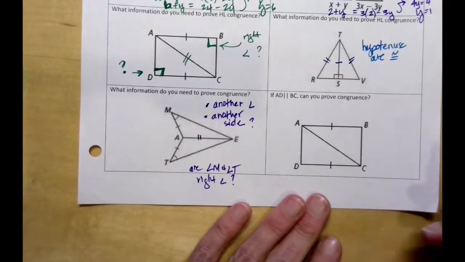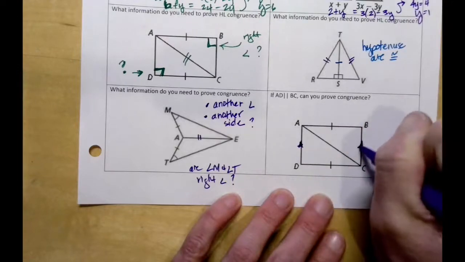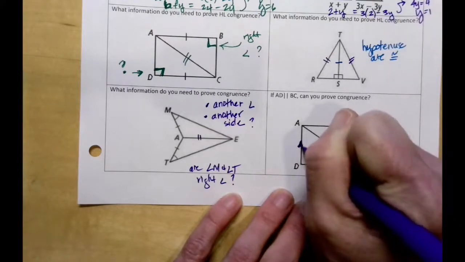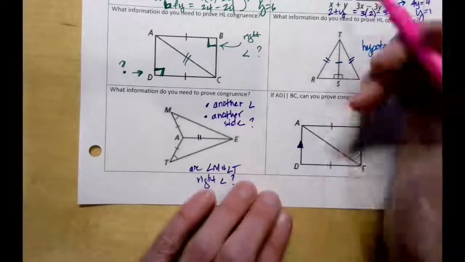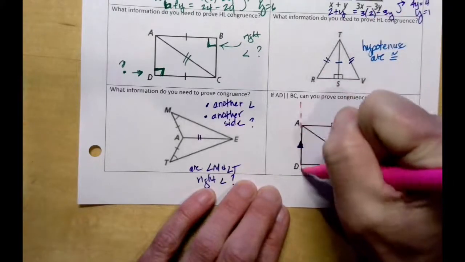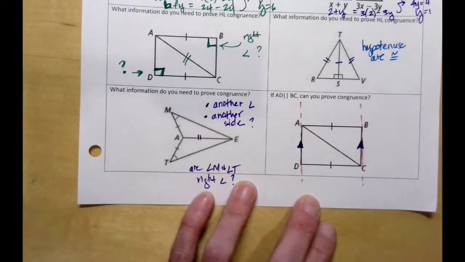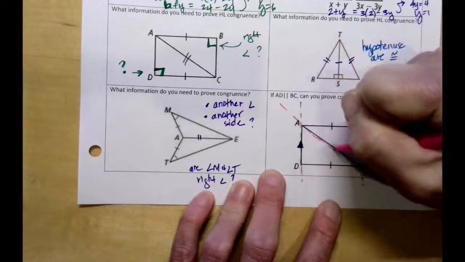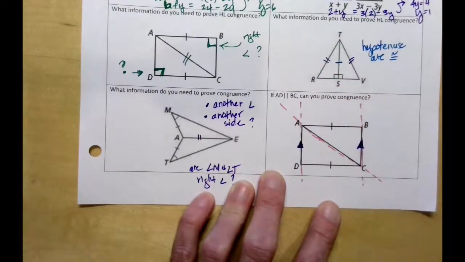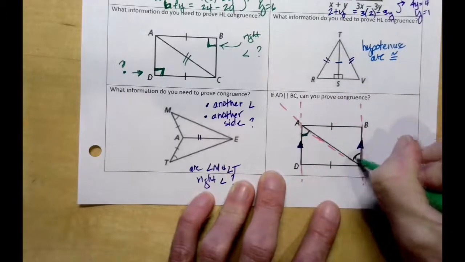So, all right. If AD is parallel to BC, can I prove congruence? Let's see. If these two lines are parallel, and if this was a transversal, that would give me this angle and this angle.